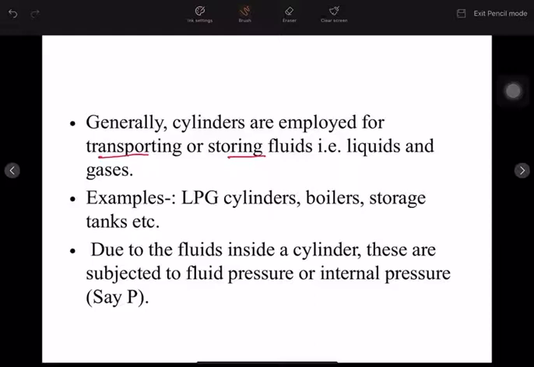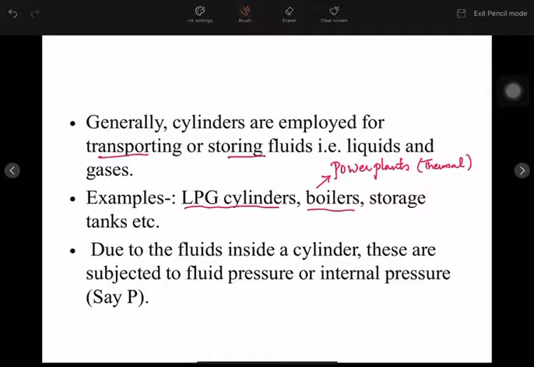Common examples are the LPG cylinders we use for cooking in our kitchens, and boilers, which are generally used in thermal power plants for heating of water.